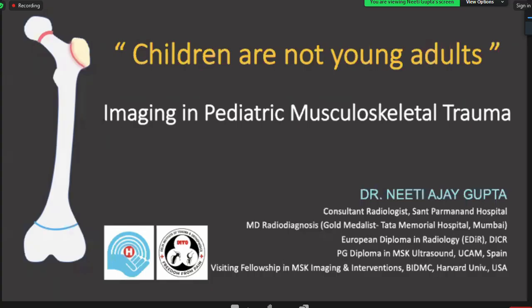Today, I'll be discussing some cases of pediatric MSK trauma, through which I will be highlighting some important differences between pediatric and adult trauma patterns.